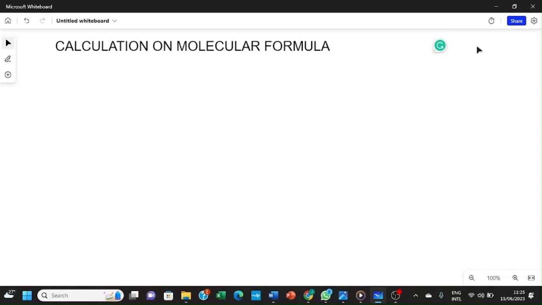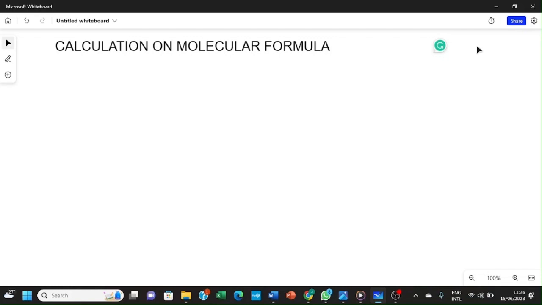To calculate the molecular formula of the compound, you need the empirical formula, of which you've done it. You need the molar mass, that's the relative molecular mass of the compound. So these are the basic requirements needed to calculate the molecular formula.